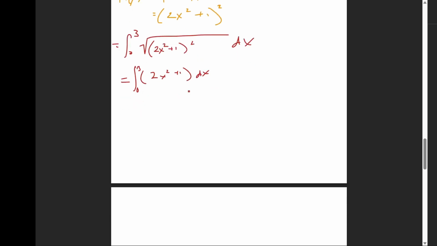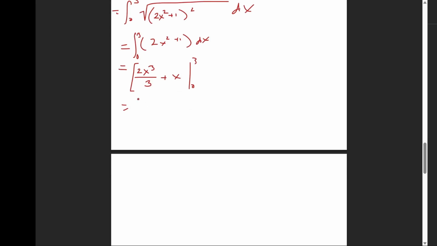Okay. So now you take the integral of this, right? Not too bad. Right. So then do the thing. So 2 times x cubed over 3, plus x, minus, well, this is going to be 0, plus 0.